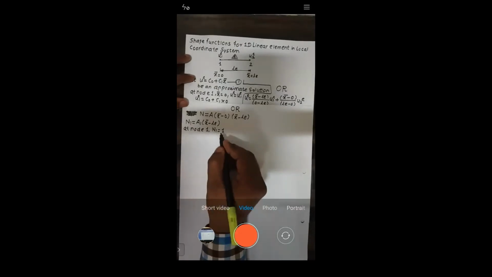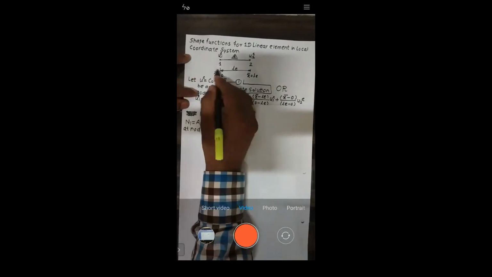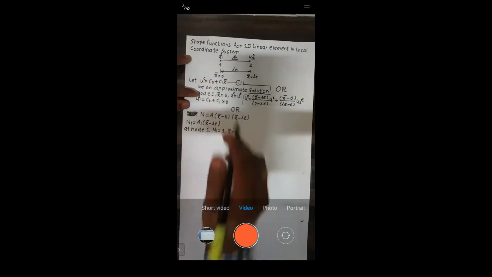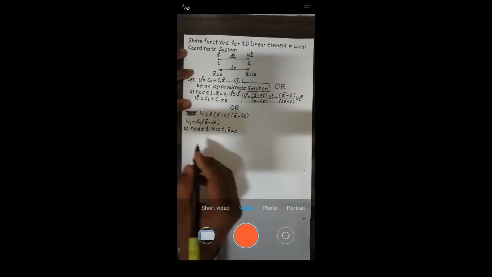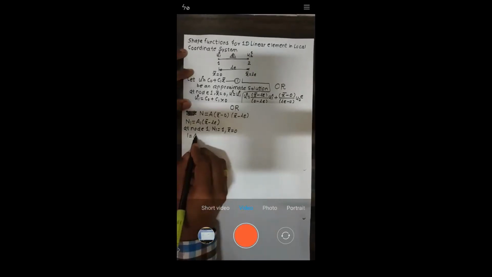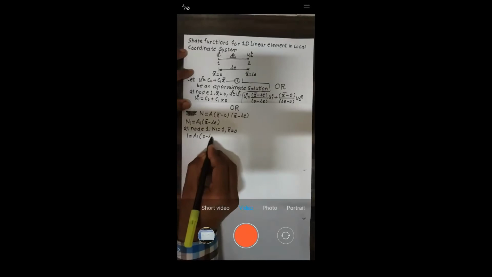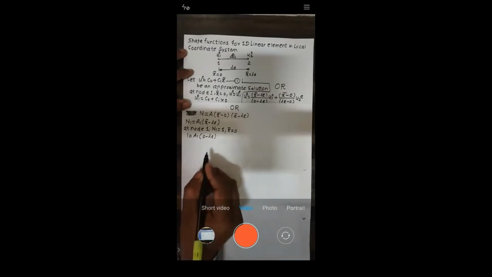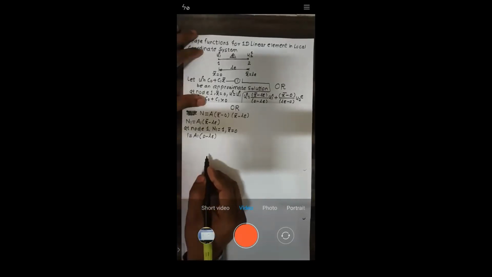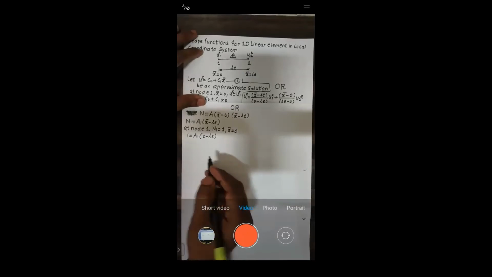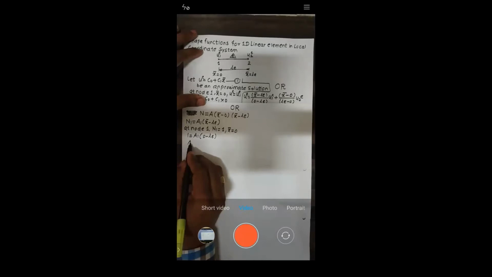And what is the value of x bar at node 1? It is 0. If you put both of these values here, you will get 1 is equal to a1 into (0 minus LE). So a1 is equal to minus 1 by LE.